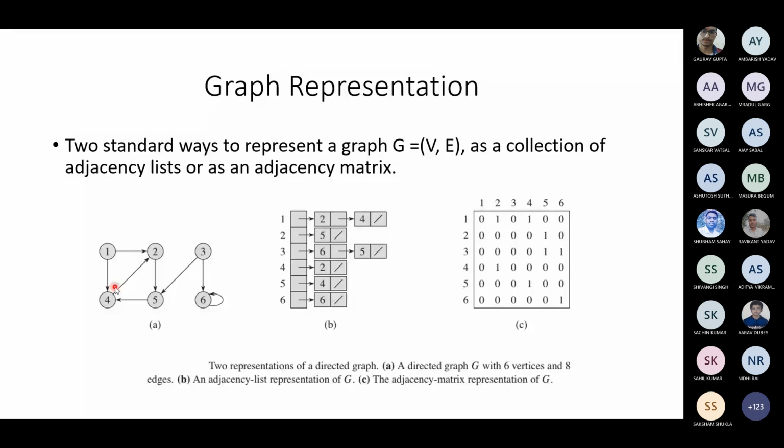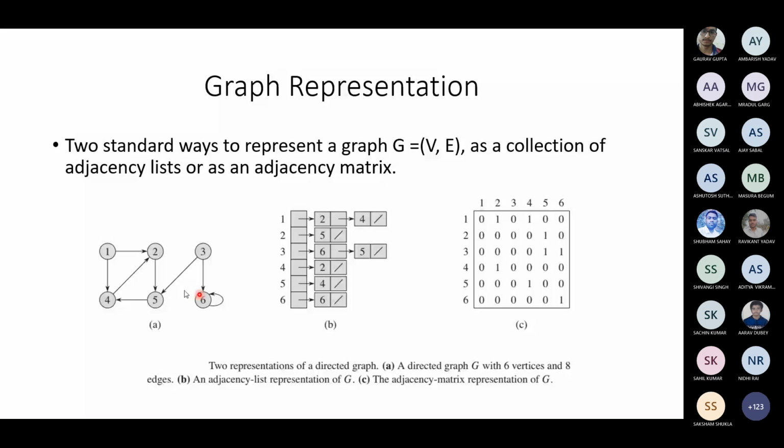When you are representing the same in an adjacency matrix, you need a 6 cross 6 matrix. For 6 to 6, it is a self loop, there is a one. The representation you are making in linked list or matrix depends on adjacency matrix and adjacency lists.